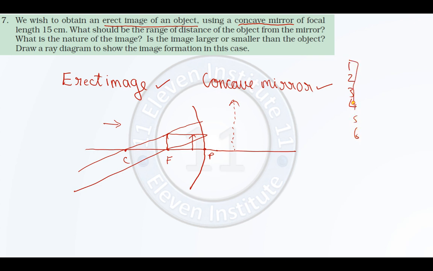For the first 5 we obtain a real and inverted image, but for the last one, the sixth one, we obtain a virtual and erect image. And when can we obtain a virtual and erect image? If the object is kept between focal point and the pole. Now let us read the question further.